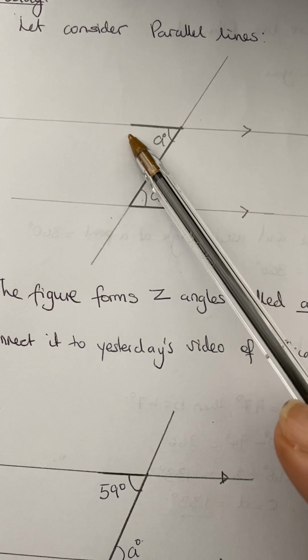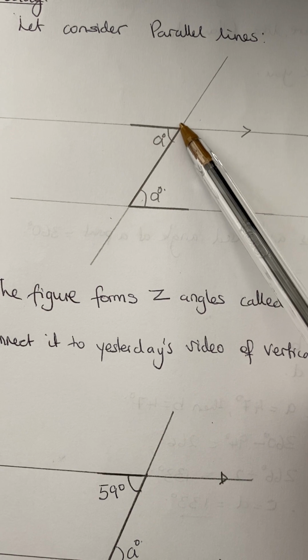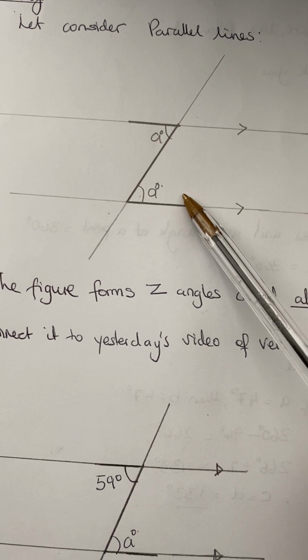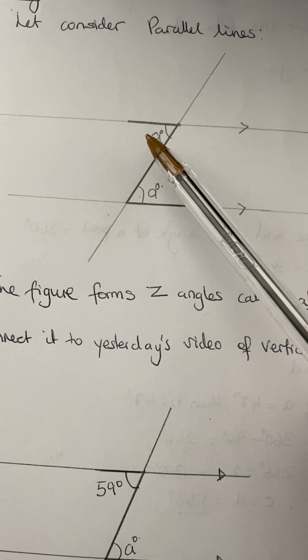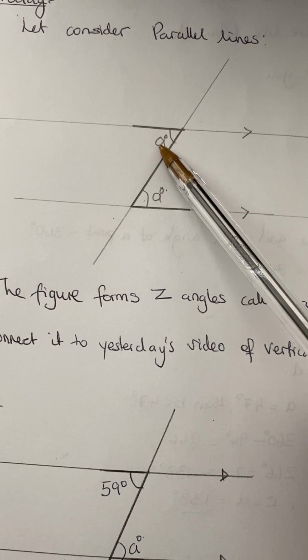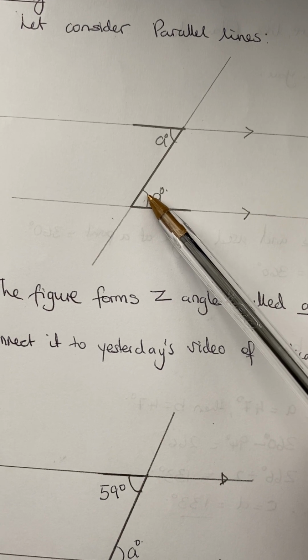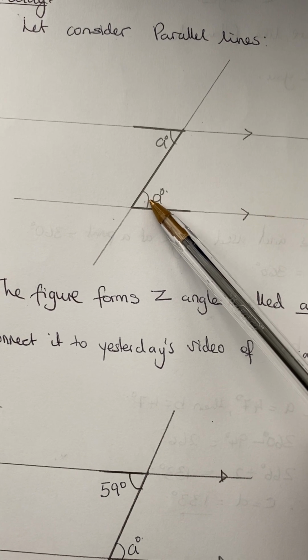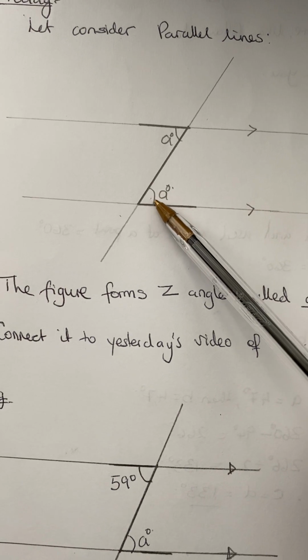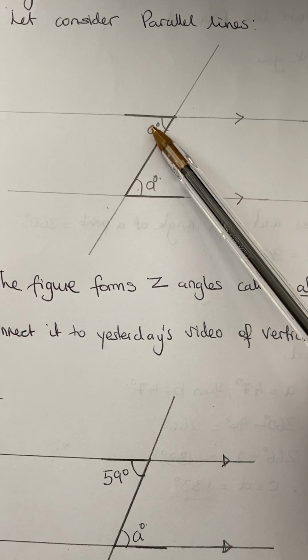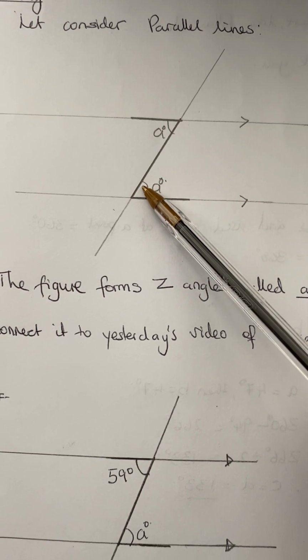Now you can see your figure Z here. So here, A here and A here are equal. I want you to watch the figure. This is where you need to follow my notes. So A degrees equals A degrees.